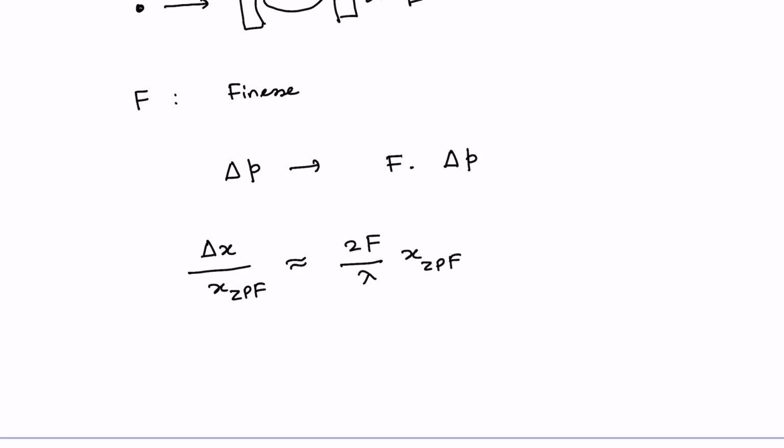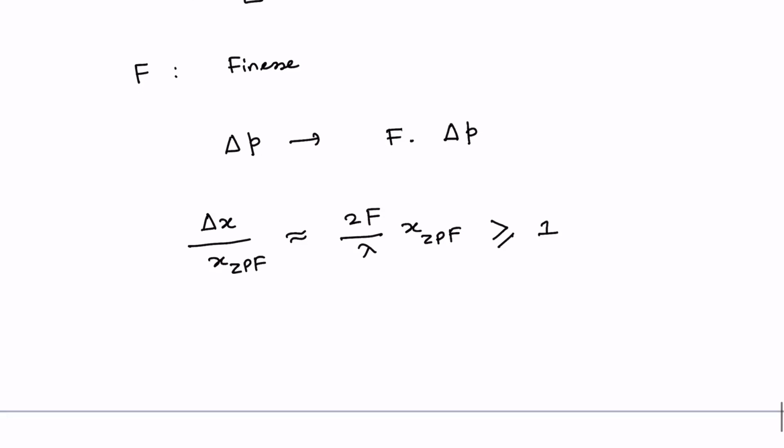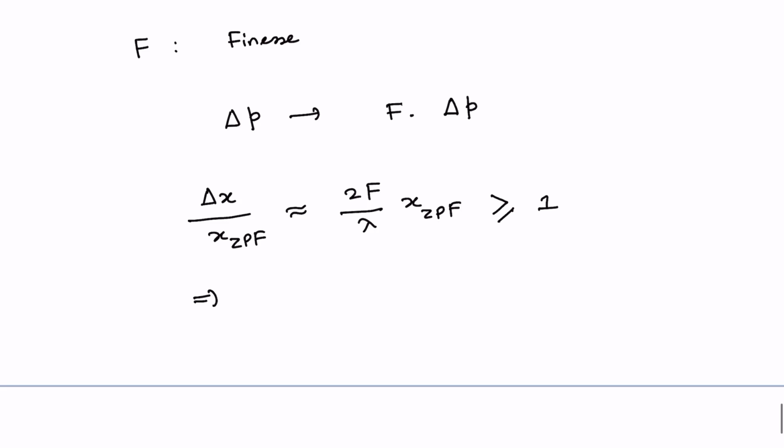And the finesse can be a very large quantity depending on the quality of the cavity. If the cavity is a good one, then the ratio of the displacement of the spring mass system with respect to the displacement due to zero point fluctuation is greater than 1, and this means that quantum signatures or quantum effects can now be prominent.